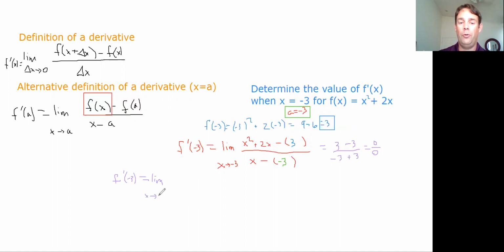So let's see what we can rewrite it as. I have x squared plus 2x minus 3 all over x plus 3. I can rewrite it as, in factored form here, x plus 3, x minus 1. And all of a sudden you start to see where that removable point of discontinuity is, that hole is.